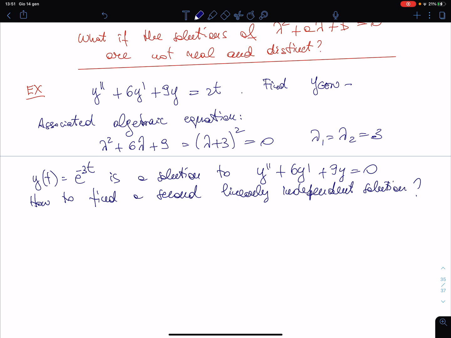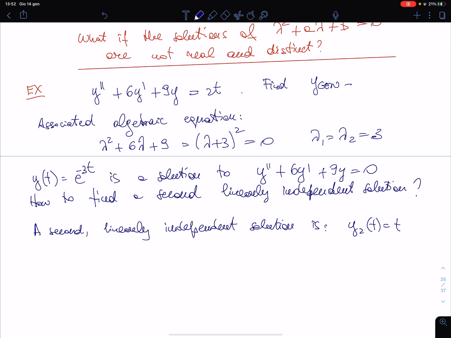The second linearly independent solution is y2(t) = t e to the power minus 3t. So it is the same exponential, but it is multiplied by t.